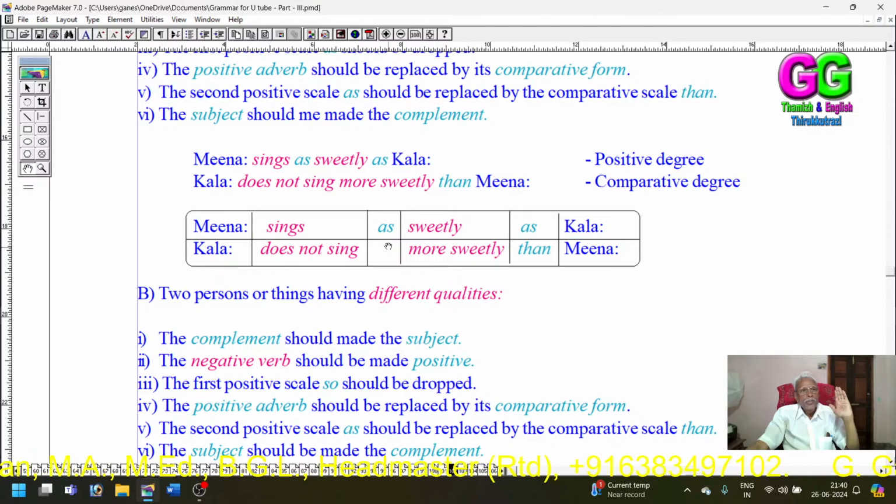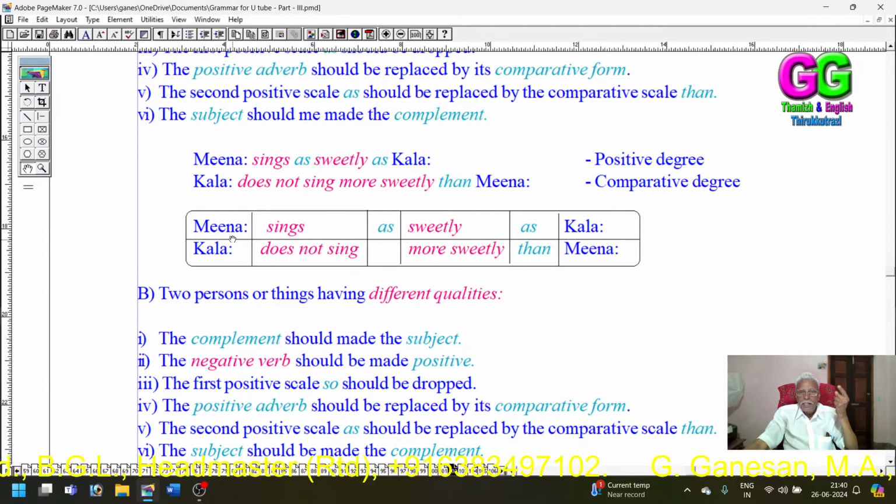Thirdly, the first positive scale as should be tracked. Fourthly, the positive adverb should be replaced by its comparative adverb. Sweetly, more sweetly. Fifthly, the second scale of positive as should be replaced by the comparative scale.